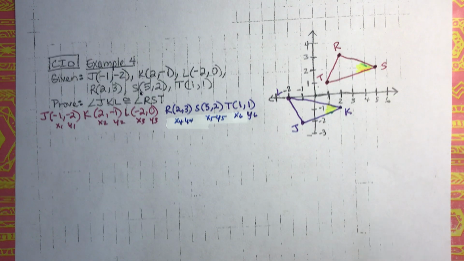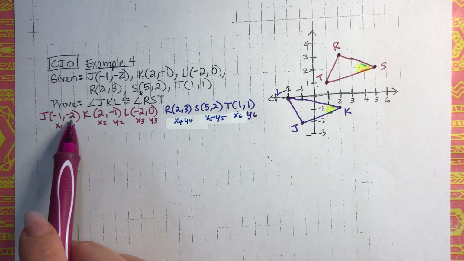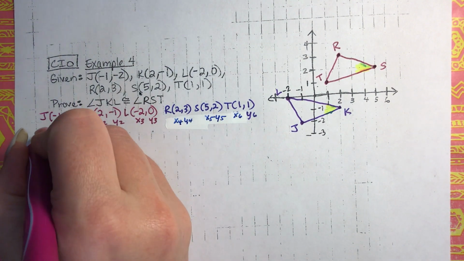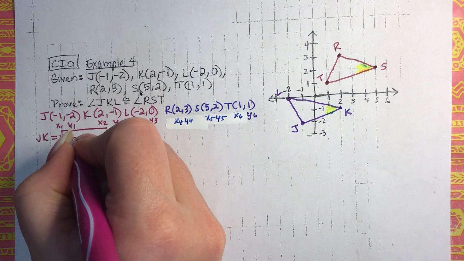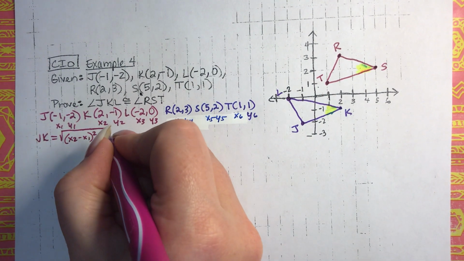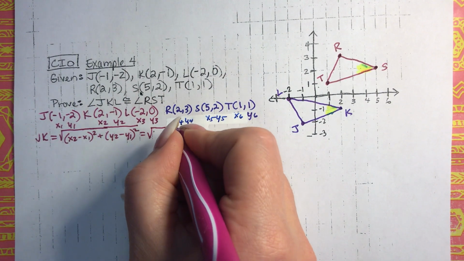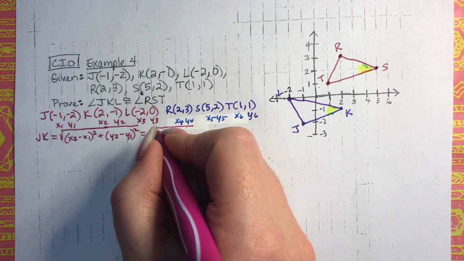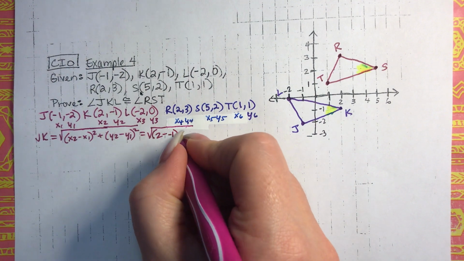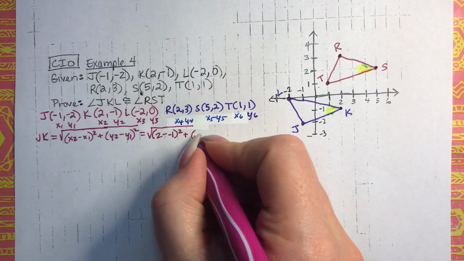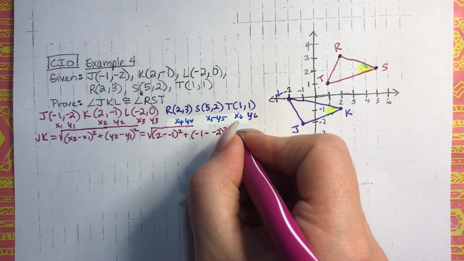Let's go with JK first. So JK equals the square root of x2 minus x1 squared plus y2 minus y1 squared. We substitute in. What do we get? x2 is 2 minus -1 squared plus y2, which is -1 minus -2 squared.